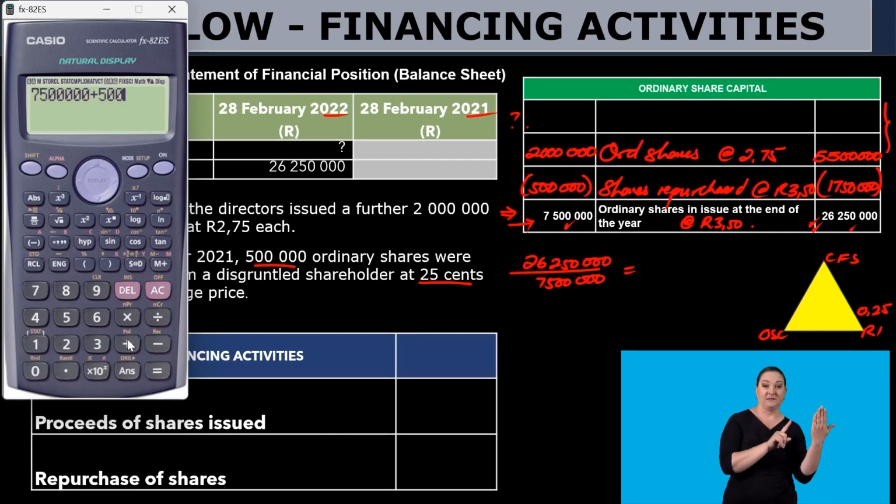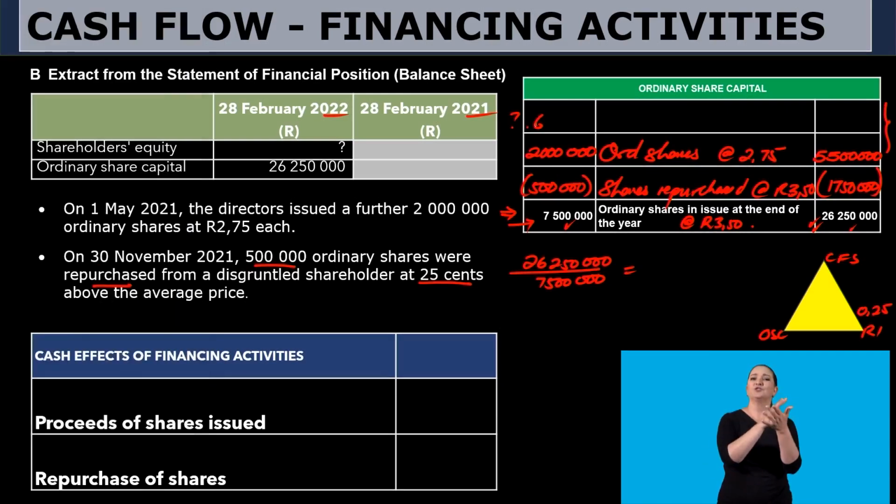So I'm going to say plus 500,000, not minus, but plus 500,000. Then I go to the next one. It's now minus 2 million, not plus 2 million, but minus 2 million. And then I'll get 6 million. That means here at the beginning, it was 6 million ordinary shares.